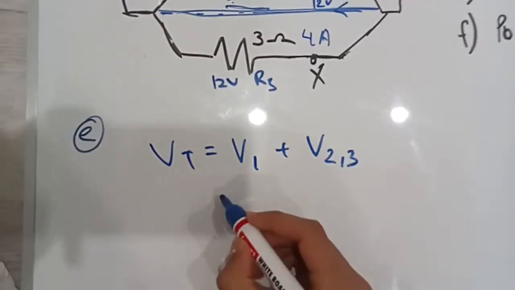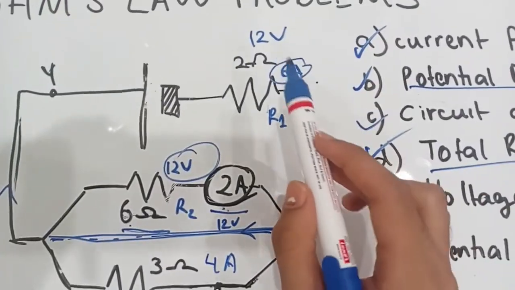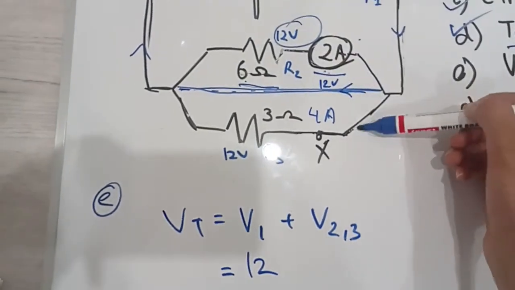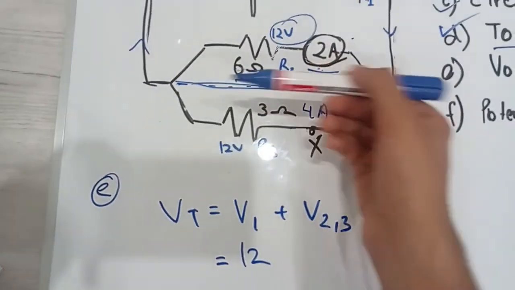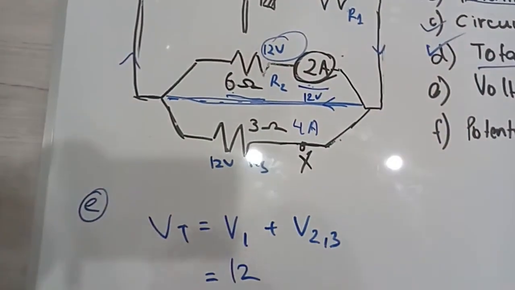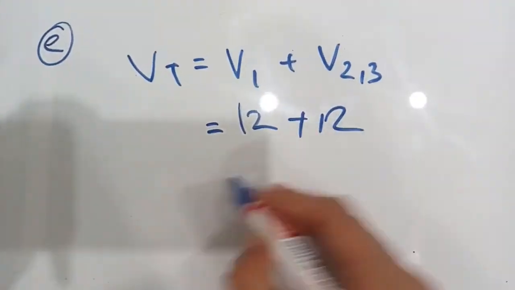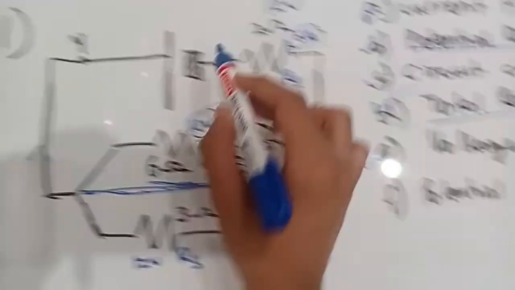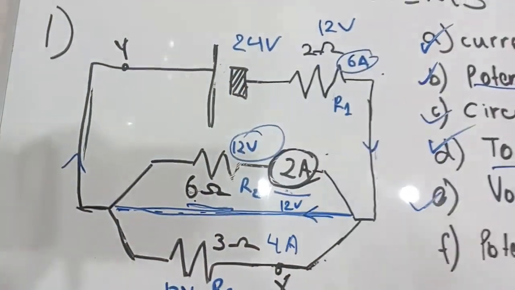So both are 12 anyway. You can take this one, you can take this one, or you can use the combined one from our previous question. It doesn't matter. It's 12 plus 12, 24 volts. Okay. That's done. The voltage of the power source is 24 volts. So this is a 24 volt battery.